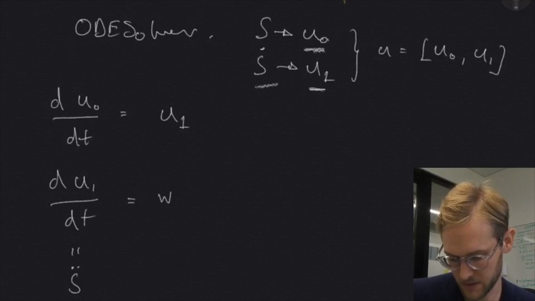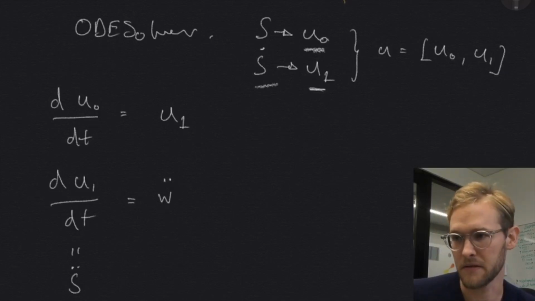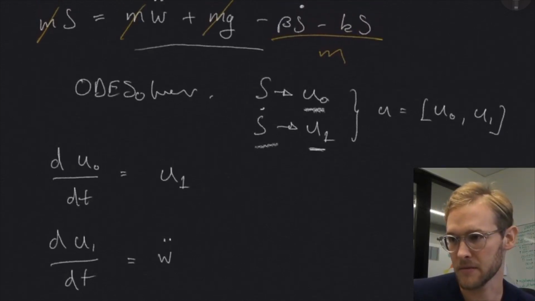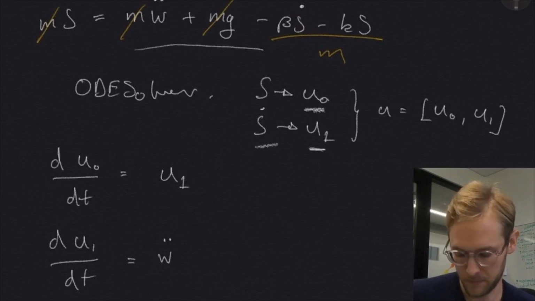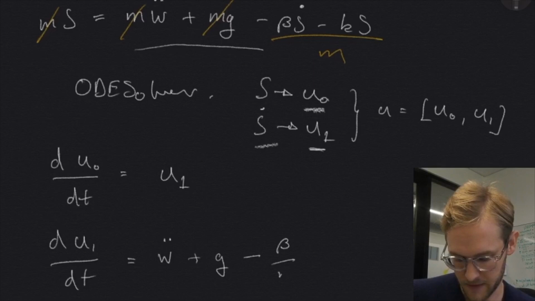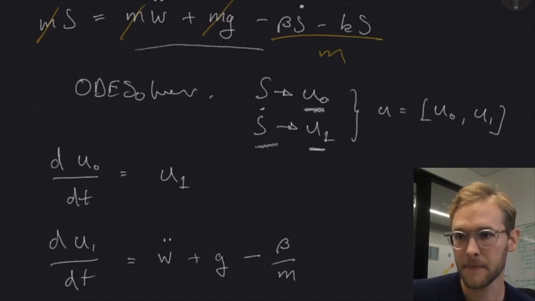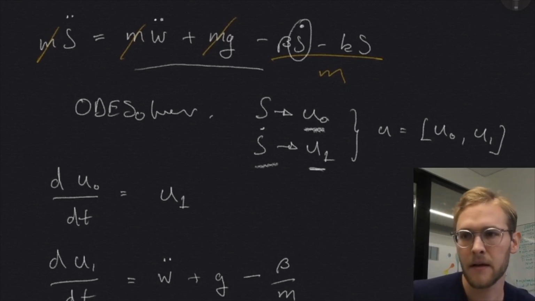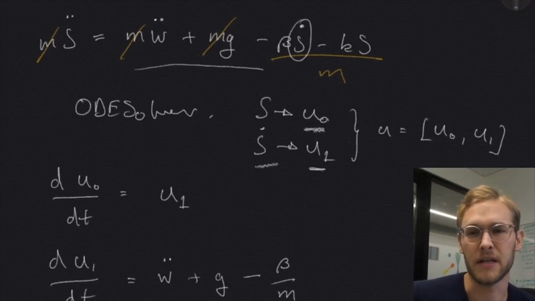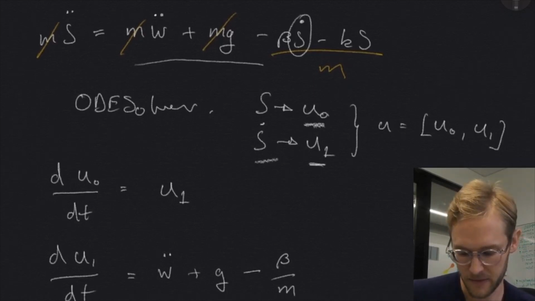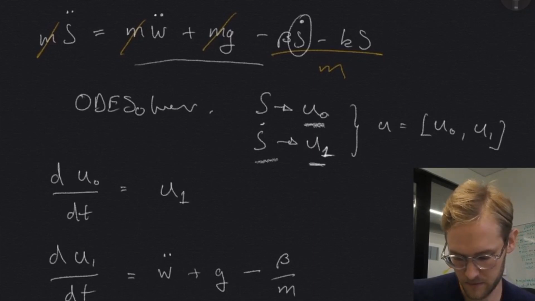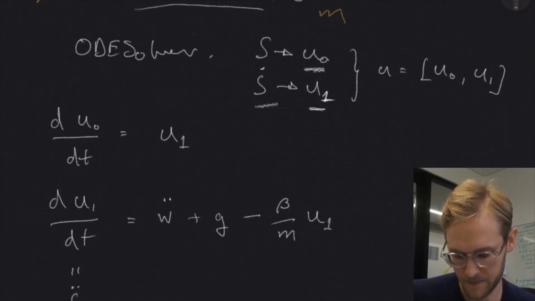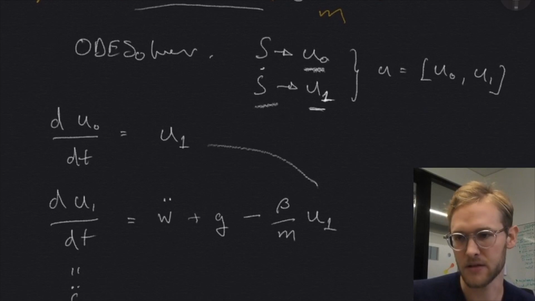So that'll be w, the second derivative in time, let's just look at that at the same time, plus g, minus beta divided by m times the first derivative of s, which we have renamed to u1, so we'll write that instead. So here you see the linking of these two equations.